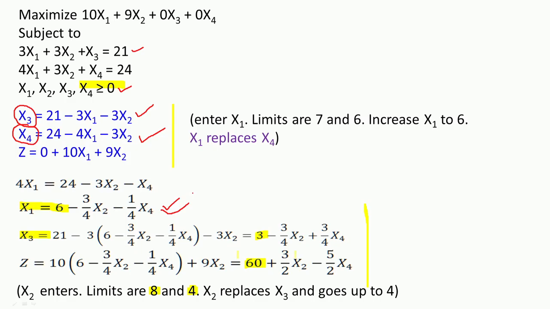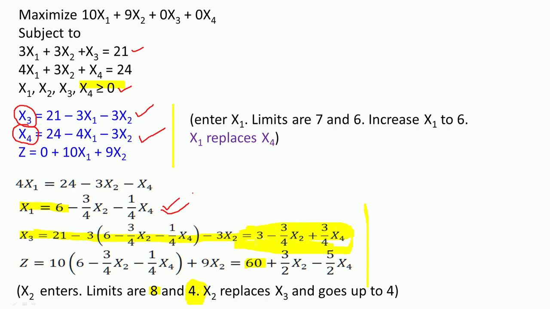So, we will now say that x2 will replace x3 from this equation, because this equation allows x2 to go up to 4, which is here. So, this is the equation that we will be using.